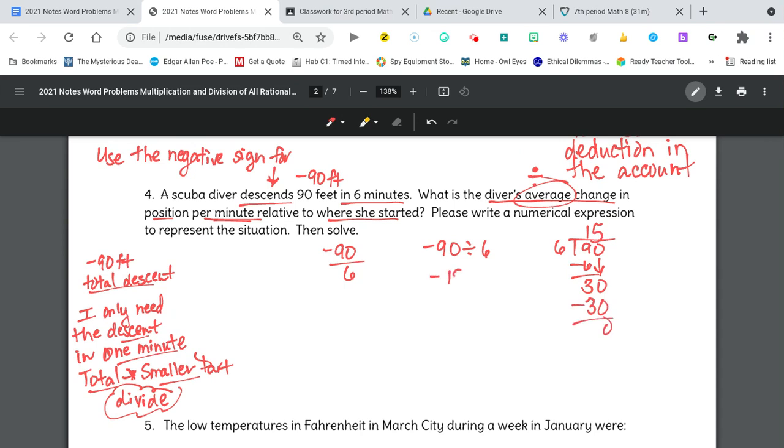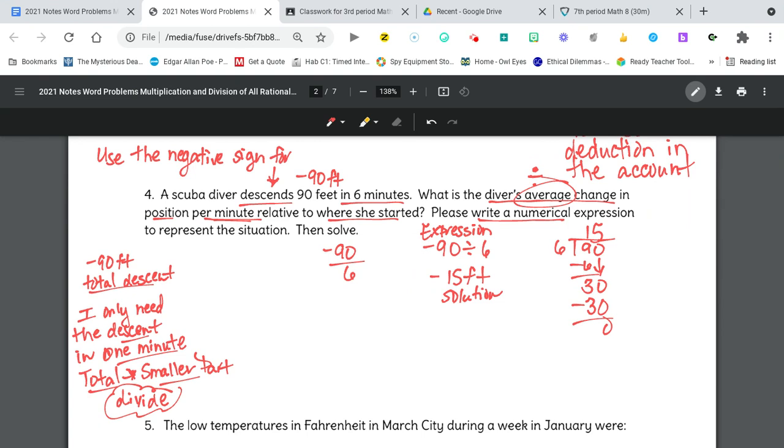But it's negative. Okay? This is my new, it says please write a numerical expression. This is my expression, guys. And this is my solution or my answer. Now, I'm going to ask you to think about why I use negative on the 15.